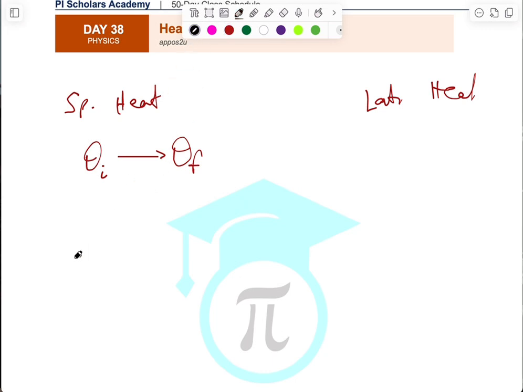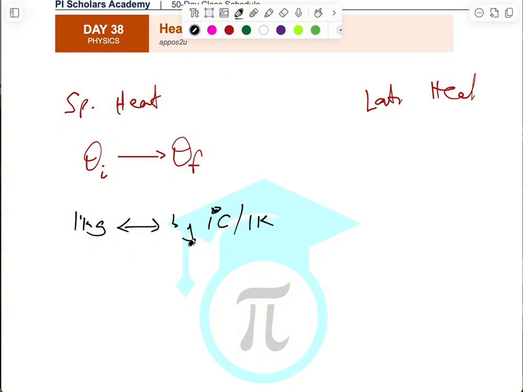If we take just 1 kilogram of a body and supply a particular amount of heat to it, and it changes the temperature of this body by 1 degree Celsius or by 1 Kelvin. By the way, a temperature change of 1 degree Celsius is the same as a temperature change of 1 Kelvin.